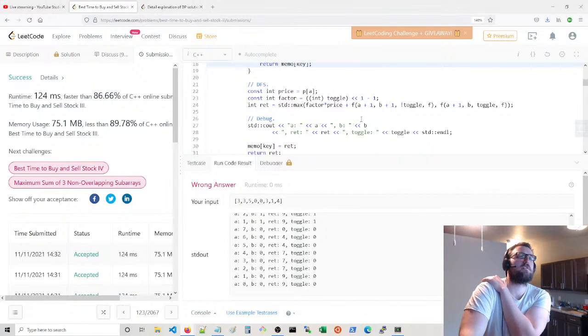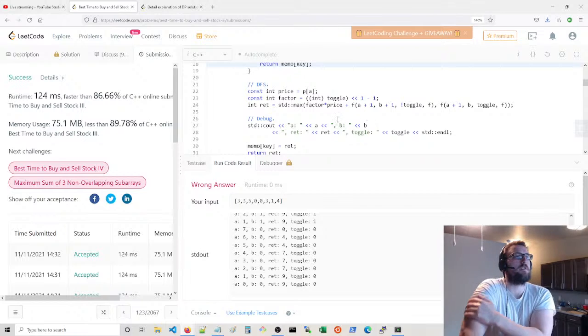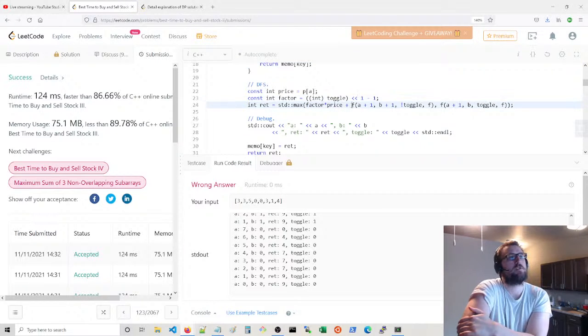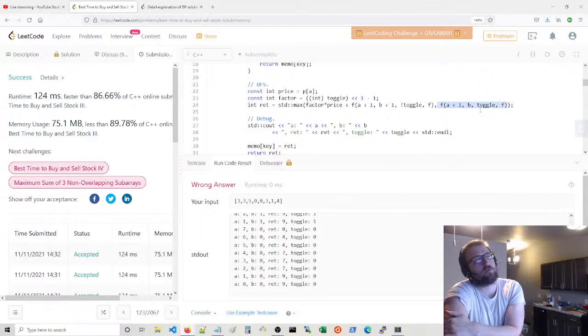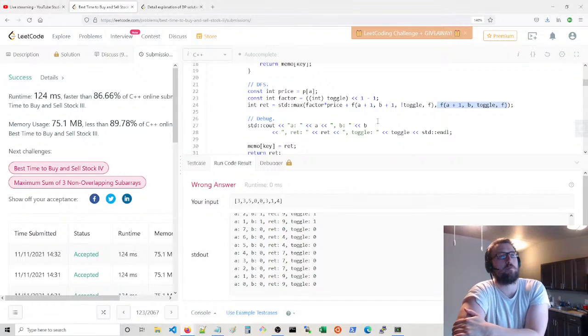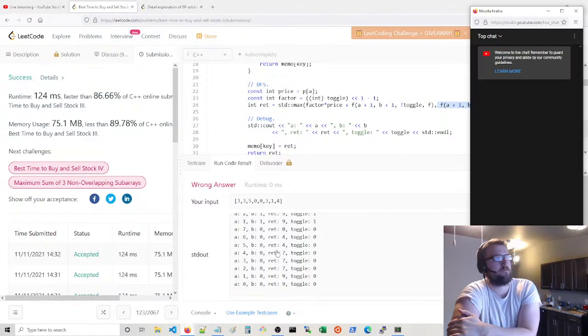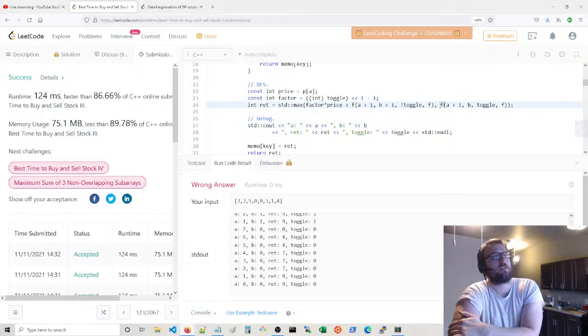Now how is this wrong though? Because we're taking the maximum of, either we choose to consider this element or we don't, right? We take the maximum of those two possibilities and we memoize. How is this not correct though? Right, we either include or don't include at all this particular price.